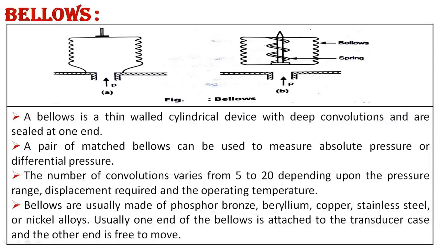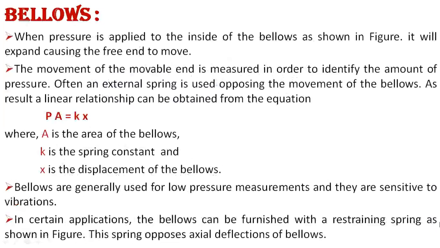When we apply pressure inside the bellows, as shown in the figure, it expands, causing the free end to move. The movement of the movable end is measured in order to identify the amount of pressure. Often an external spring is used opposing the movement of the bellows.